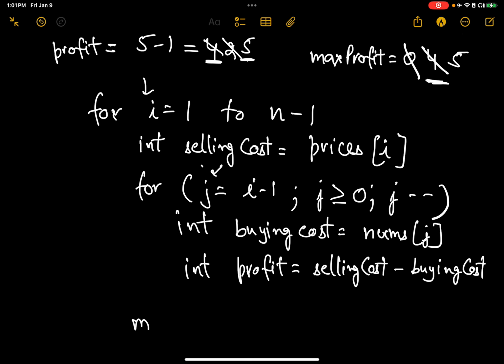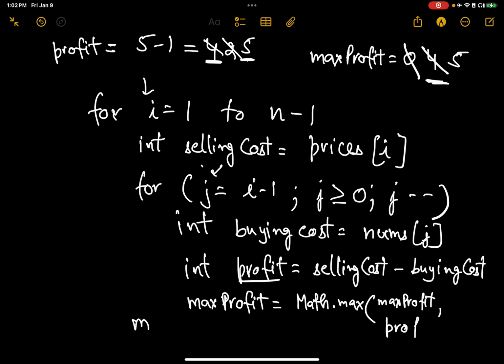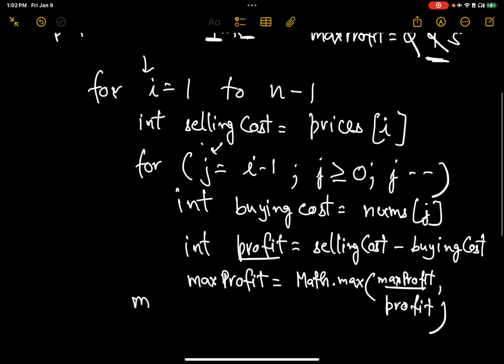So when I'm doing this transaction, I'll just update my max profit, okay? And basically it will be just Math.max of max profit and my current profit, which is this one, okay? Initially, I could just initialize max profit to 0.